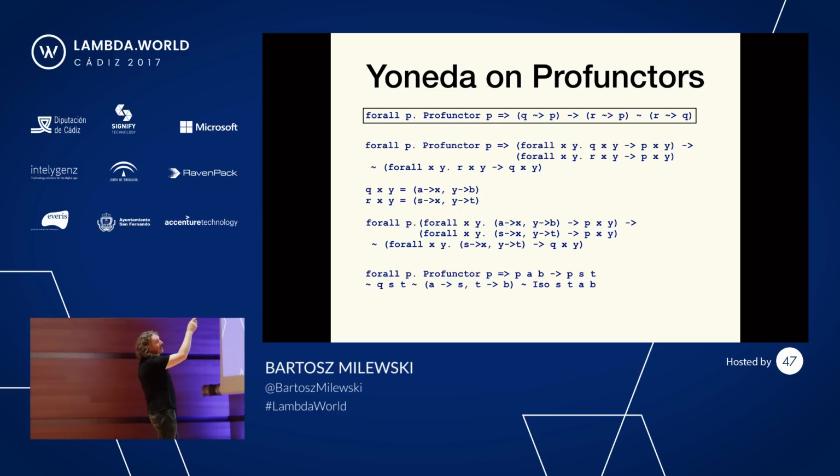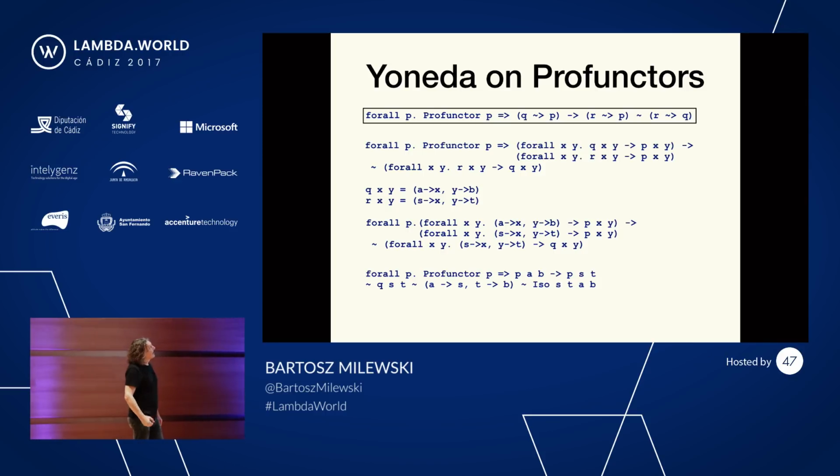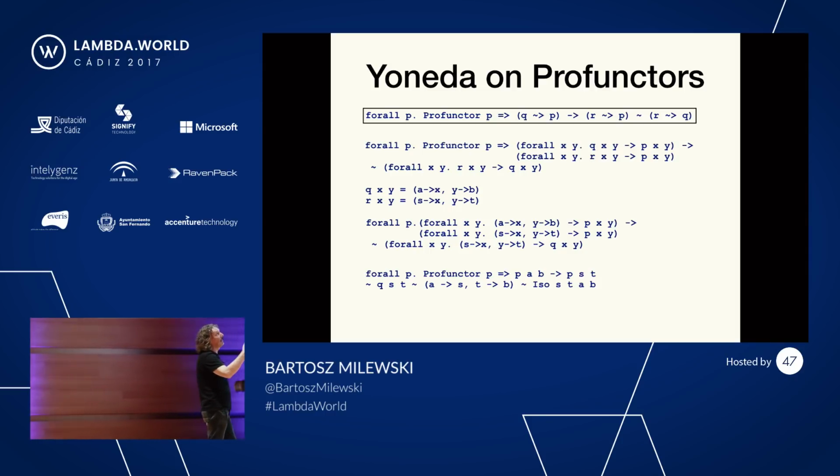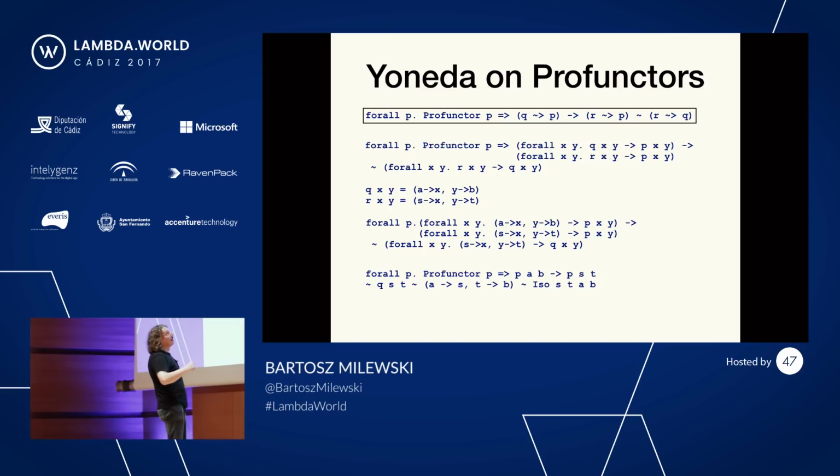This is actually the Yoneda embedding version of the Yoneda lemma, right? And below I rewrote it using the definition of what is a natural transformation, what is the squiggly arrow for profunctors, right? So it has for all xy, qxy, pxy.